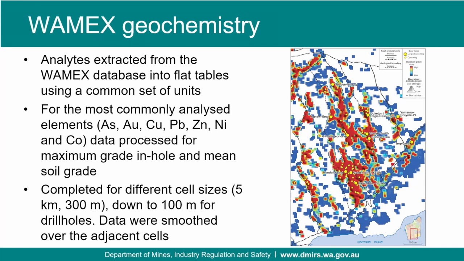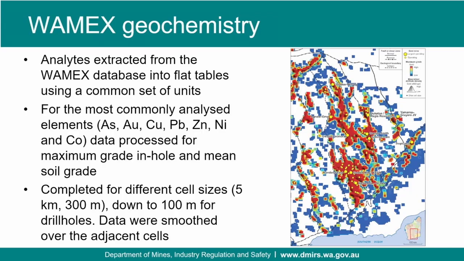We found pseudocolour drapes to be an effective way to visualise mineralisation trends. And in this example, the maximum grade gold in hole is shown in colour, draped over a hill-shaded image depicting the number of mineralised drill holes for gold.